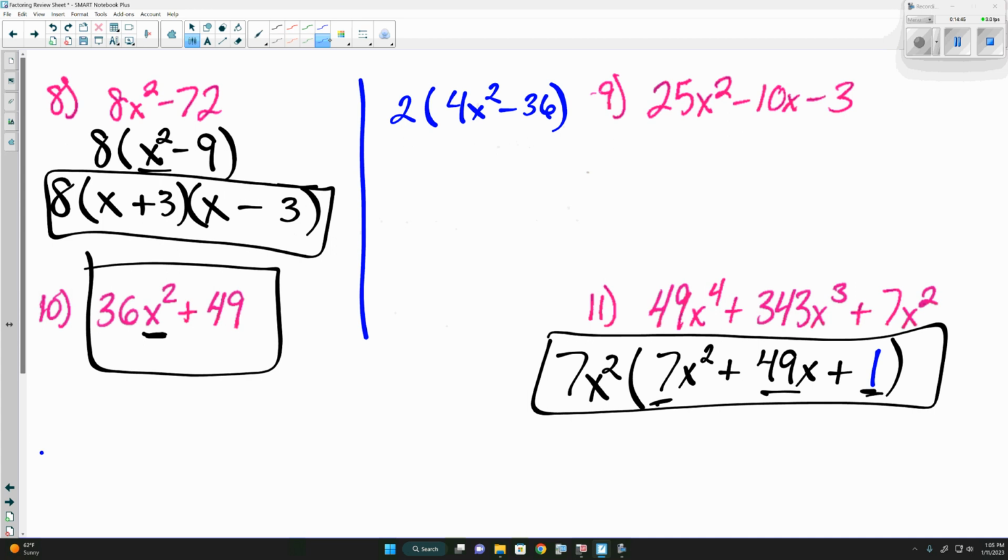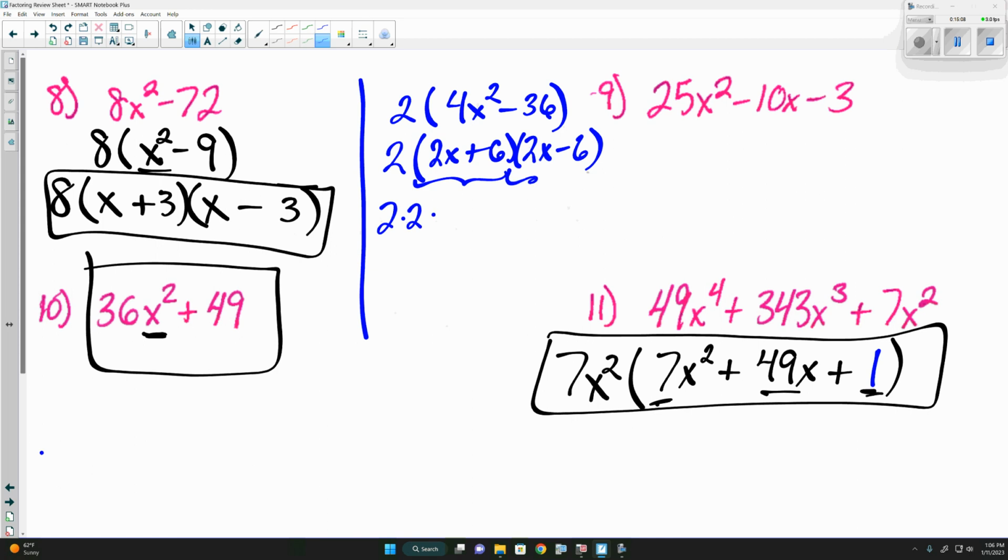Now with the other one, with the 2, this would be 2x plus 6 times 2x minus 6. So if we saw 2, we can factor it out. But it is good to make sure when we look at it before we're done: do we have greatest common factors in either of those parentheses? So yes, we have a 2 here, so I can move it out front.